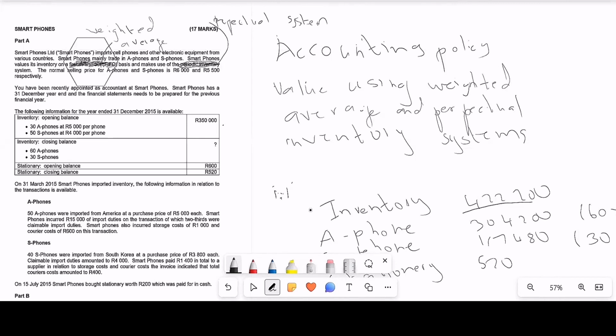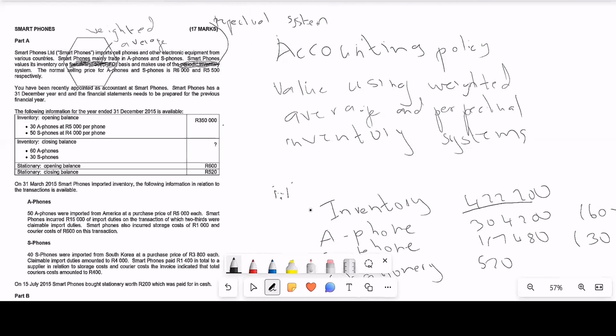Remember, with the first in, first out, we dispose of the units that were on hand first, then the ones we purchased later. But with the weighted average, we just sell the units without accounting for which ones were first or last. In terms of cost, for first in, first out, the cost will be the individual cost of the units when they were purchased, so we dispose of them at that value. We won't aggregate or weight the total value. But with weighted average, we get one cost for all the stock, whether opening or purchase.